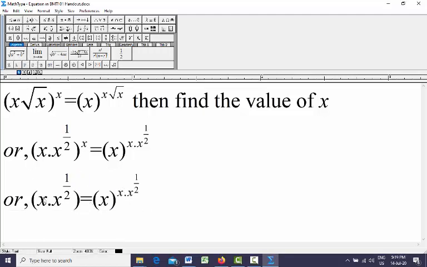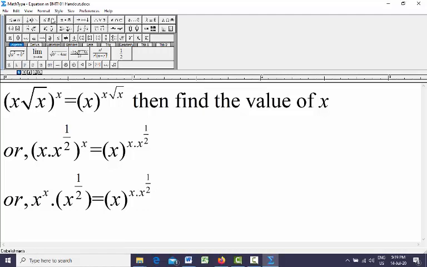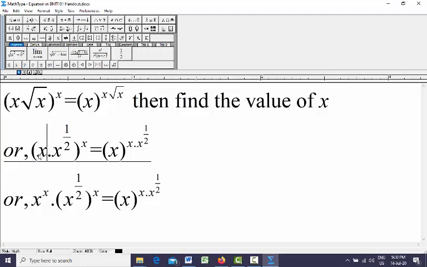Here also we will have x to the power x. That means this power x is applicable to this x also, so we get x to the power x here, and this power x is over x to the power half also, right?